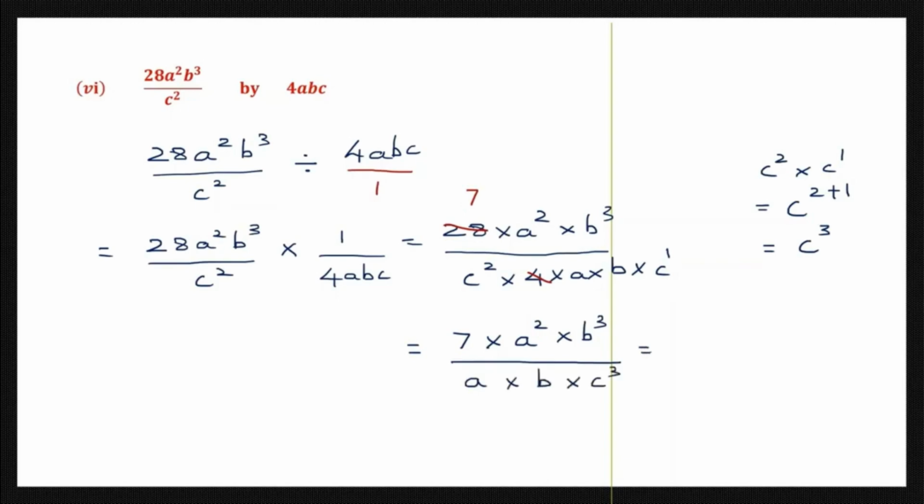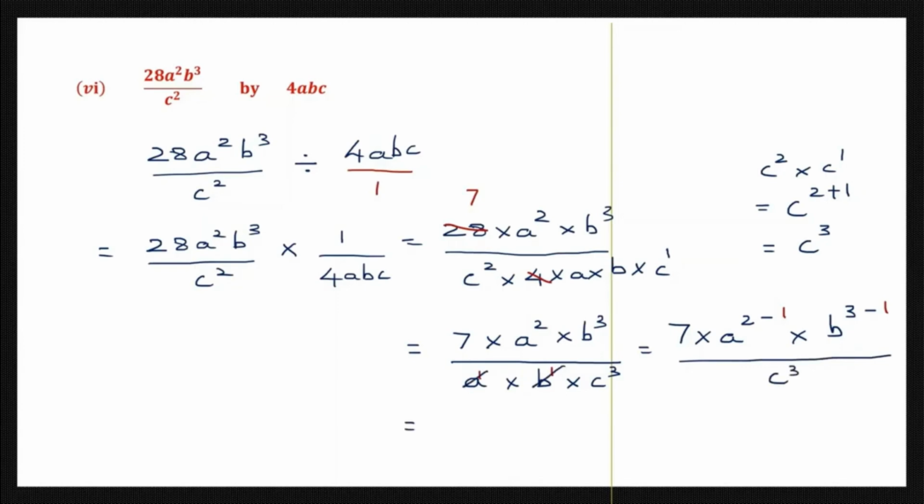So let's work this out. 7 into a to the power of 2 minus, I have 1 here, so minus 1, into b to the power of, I have 3 minus, and here I have 1, minus 1. So that's what we have in the numerator. Now in the denominator, since this has been taken, I only have c to the power of 3.